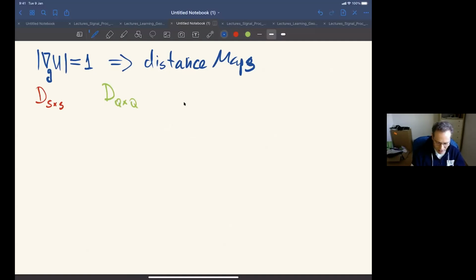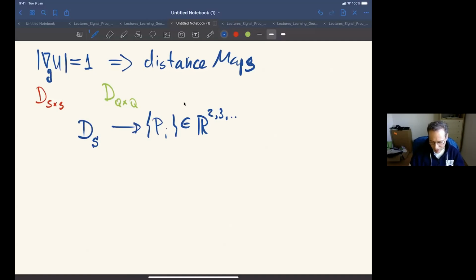So the first one took this D, let's denote it D of S, and we were looking for a set of points in R 2, 3, etc. I mean, in finite dimensional space, and then the embedding was shown to include error. So here, do it either with t-SNE, with MDS, classical scaling, whatever. If the original manifold was curved, then embedding into this flat domain also introduces error.